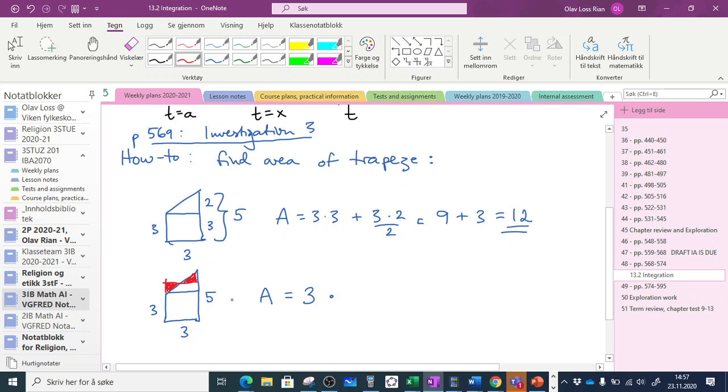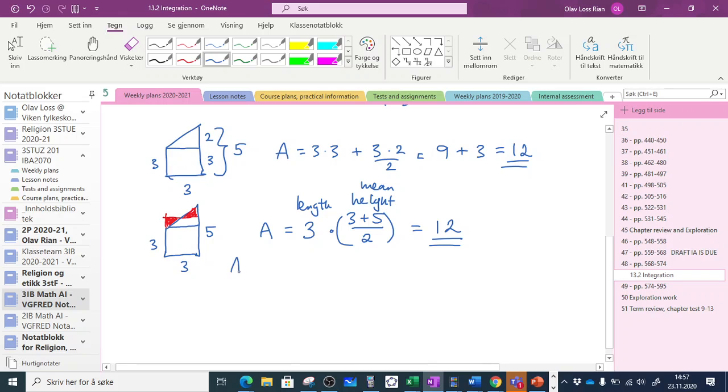We could write that generally as 3 plus 5 divided by 2. So this is the length, and this is, let's call it, the mean height. This is also going to be 12. No surprise there.